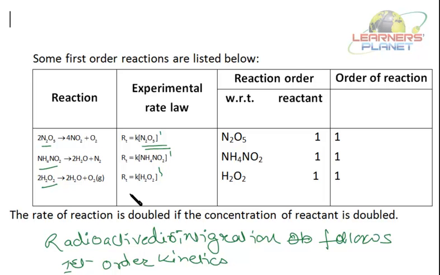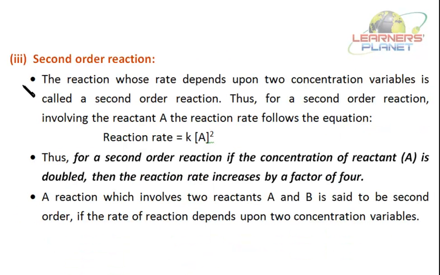Now let's take up the second order reactions. Now what is a second order reaction? The reaction whose rate depends upon two concentration variables. That is, the change in concentration of two reactants is affecting the rate, or if there is a single reactant, then the coefficient there is 2.